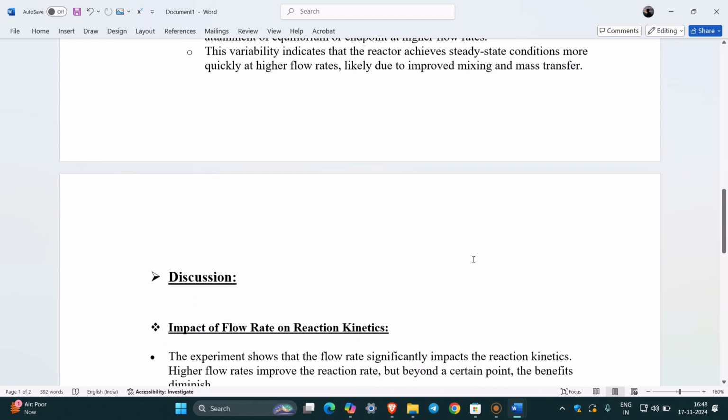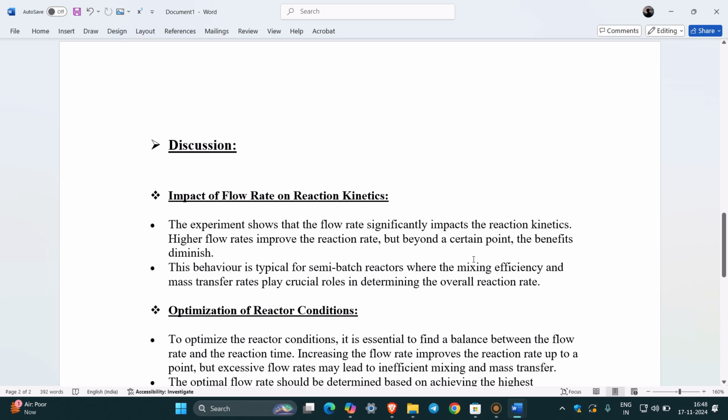Now coming to the discussion part, that is the impact of flow rate on reaction kinetics. The experiment shows that the flow rate significantly impacts the reaction kinetics. Yes, we have seen in the graph also that higher flow rates improve the reaction rate, but beyond a certain point, the benefit decreases.